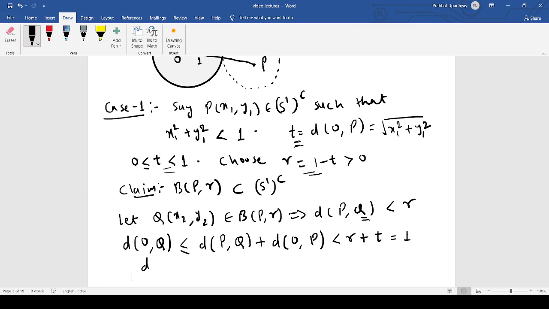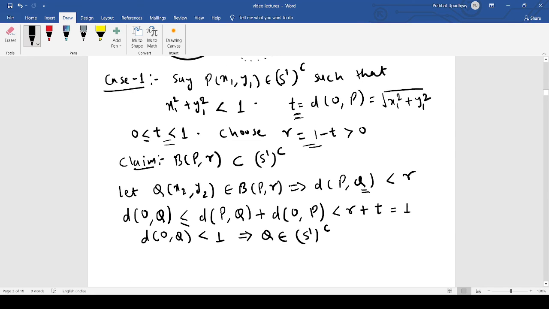So overall I can say the distance between 0 and Q is strictly less than 1. That means my Q does not belong to my unit circle S1, that is, Q belongs to the complement of S1. And since Q was an arbitrary element inside your open ball B(P, R) and you managed to prove that it belongs to S1 complement, you have proved your claim that the open ball B(P, R) is a subset of the complement of S1.